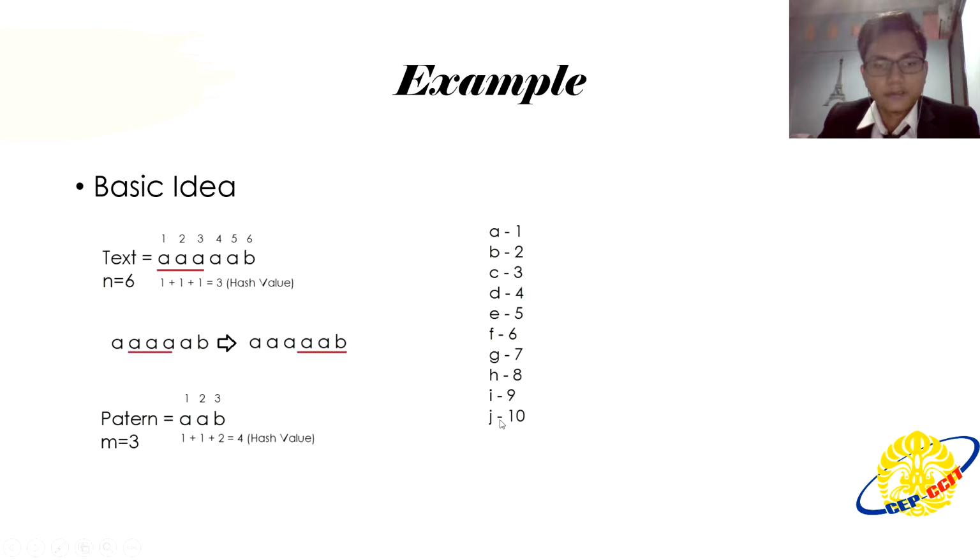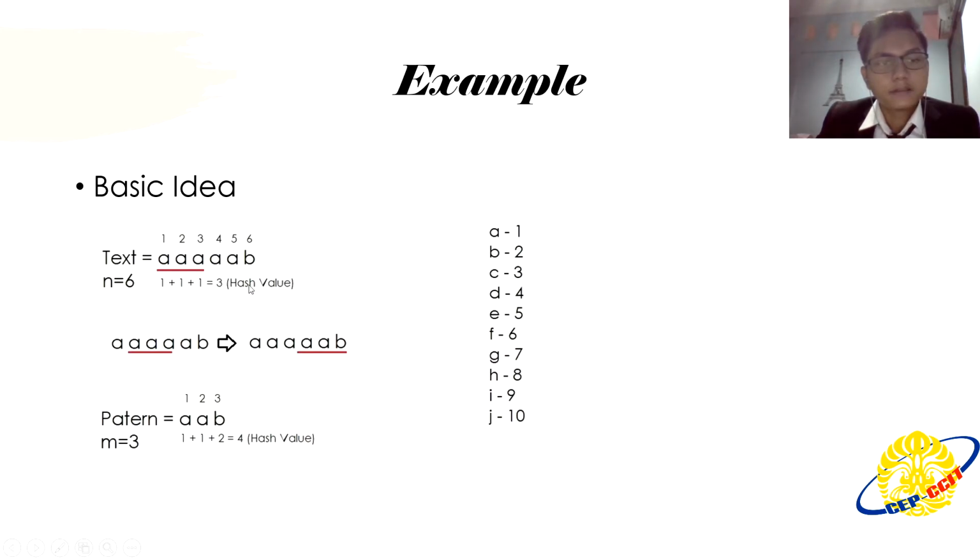So for example, we have a text like this, AB, which has 6 letters, and the example of the pattern, or the sentence that we want to match with the text.